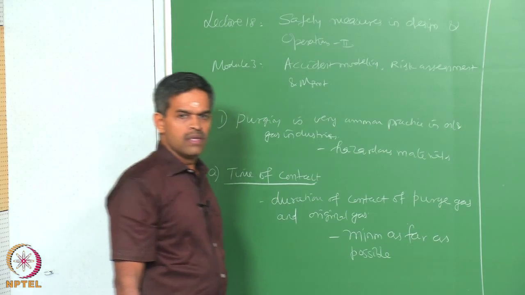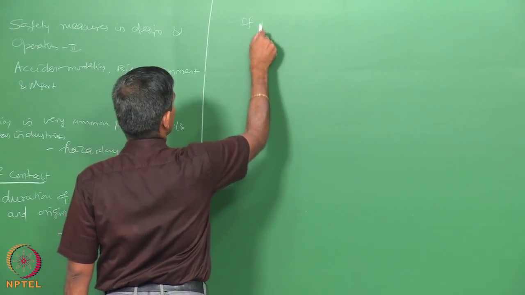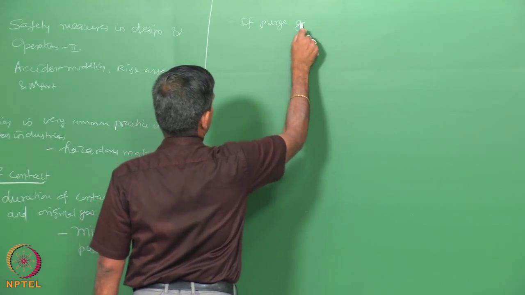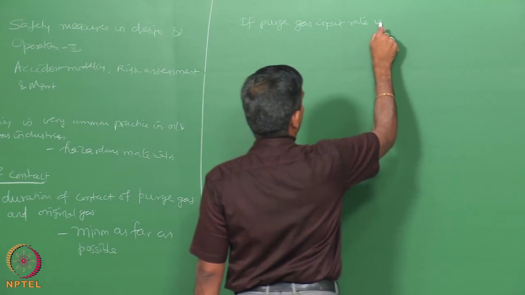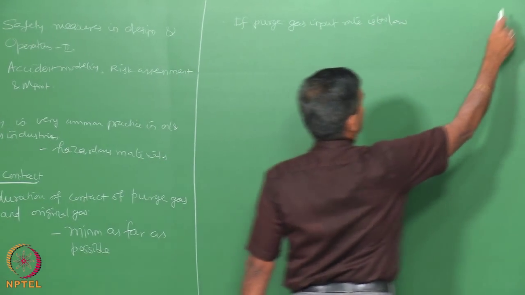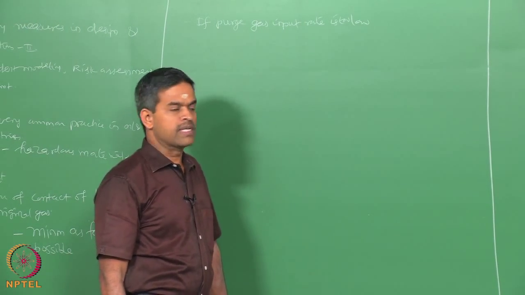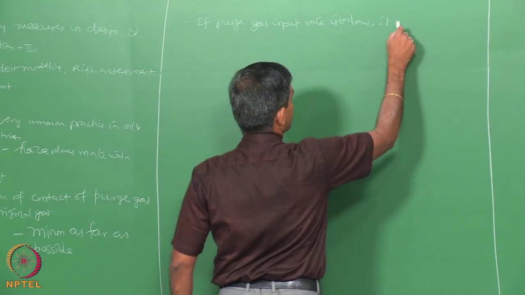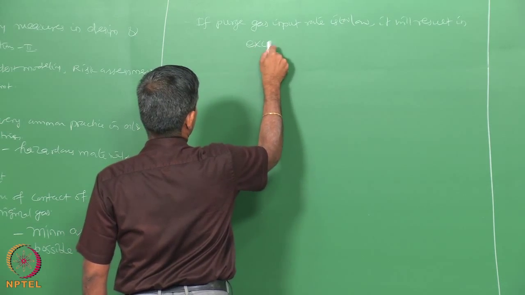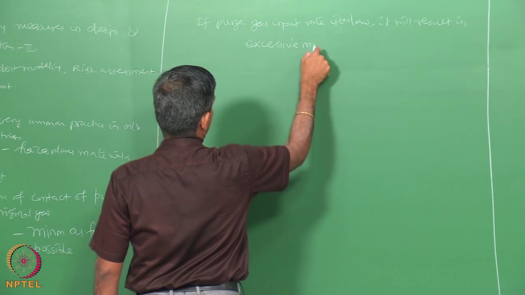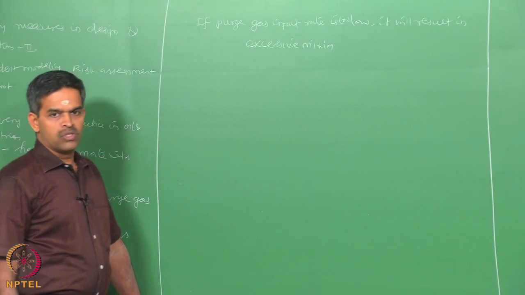For example, if the purge gas input rate is too low, it will result in excessive mixing by natural diffusion.